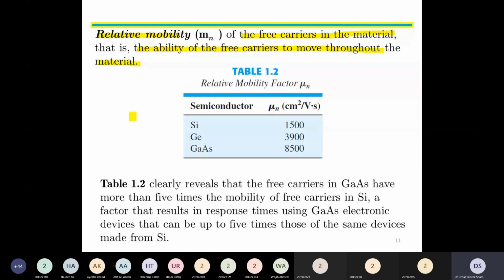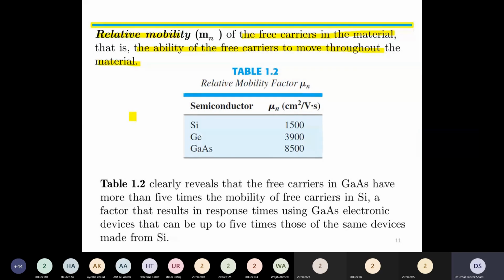Table 1.2 shows that in silicon the relative mobility is 1500 centimeter square per volt second, whereas in gallium arsenide the relative mobility is 8500 centimeter square per volt second.